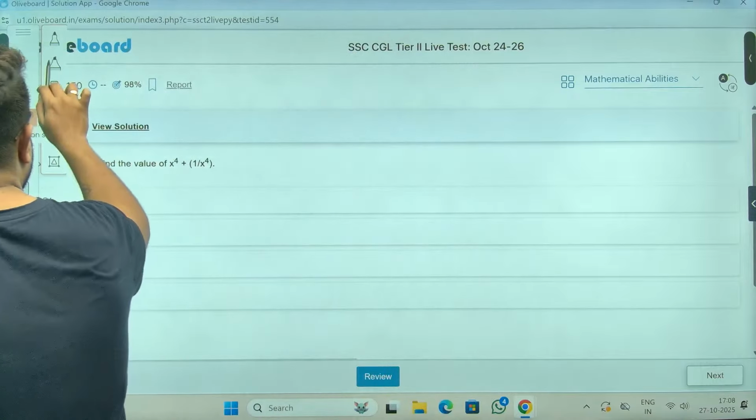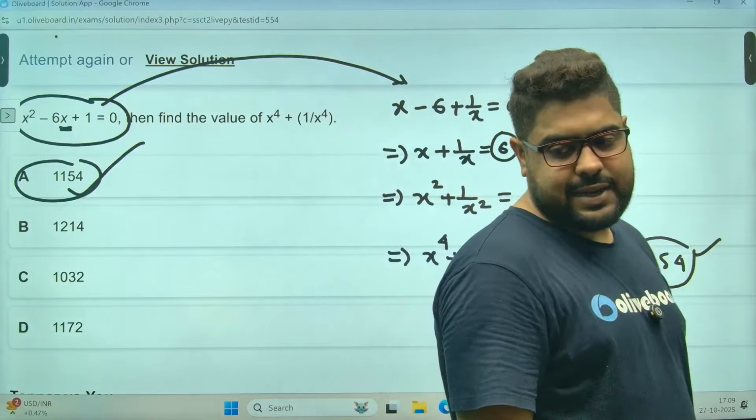That is 0, so x plus 1 by x becomes 6. From there, x square plus 1 by x square becomes 6 square minus 2, that is 34. Repeat the process: x4 plus 1 by x4 becomes 34 square minus 2, that is 1156 minus 2, 1154. Again option A is the correct answer.